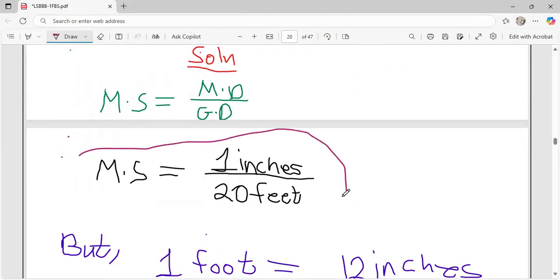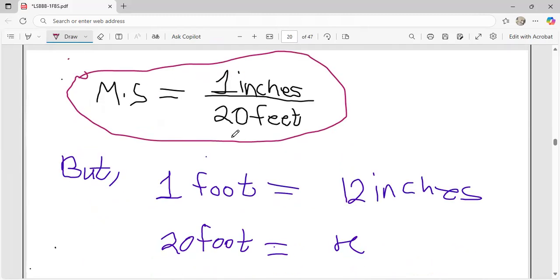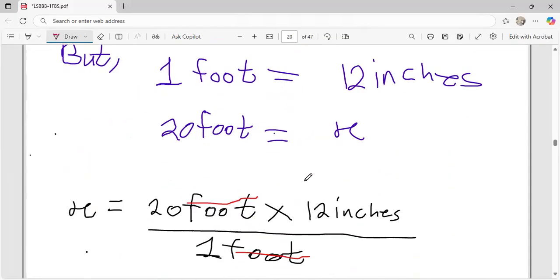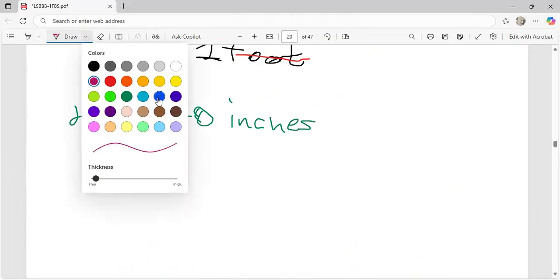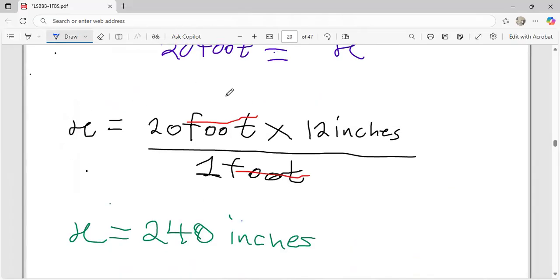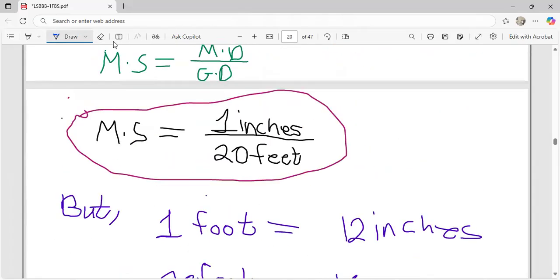Initially we knew that our map scale was equal to this value. But because we wanted them to be in the same unit so that we can cancel out, that is why we have to convert the 20 feet into what? Inches. And in doing that, this is what we had. So let's go and write our original equation, then we see how we can fit it back into it to make life easier.